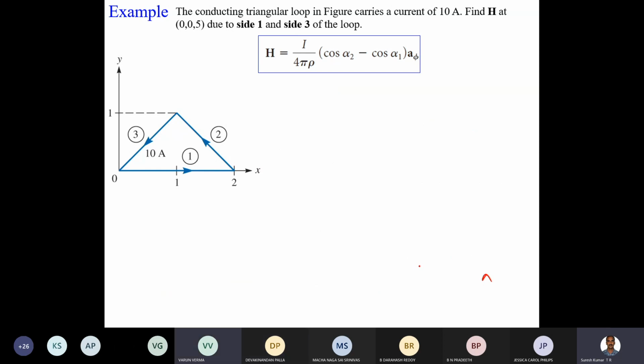Yes, sir. Now I will give 2 minutes. See if you can complete this example, you can get 10 marks in the exam. But try the second, like the side one we have discussed. You got some clue, right? I hope you are comfortable with that. Now try for side 3. Now let us calculate magnetic field due to side 3.